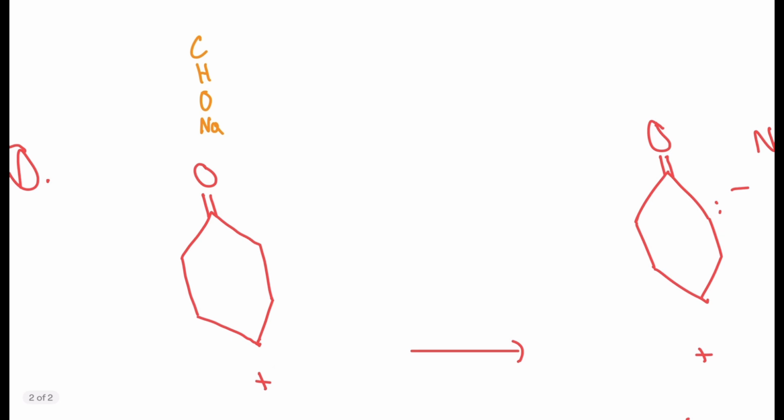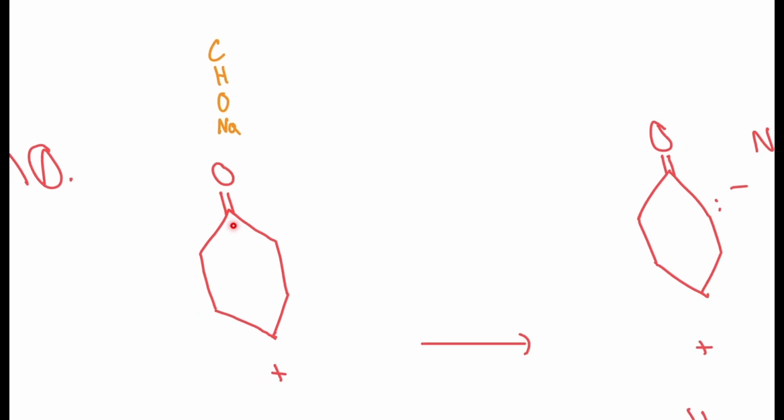On carbon, we have 1, 2, 3, 4, 5, and 6. Hydrogens, we have 1, 2, 3, 4, 5, 6, 7, 8, 9, 10. We have 10 hydrogens. We have 1 oxygen.